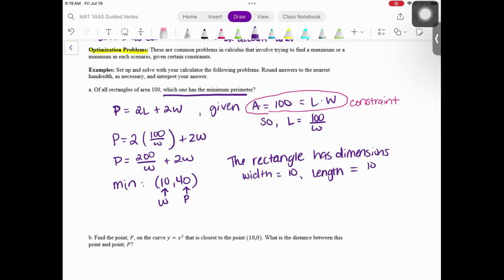And I used the relationship that we solved for, L equals 100 divided by W, from that area constraint. This rectangle is going to have the smallest perimeter with an area of 100.